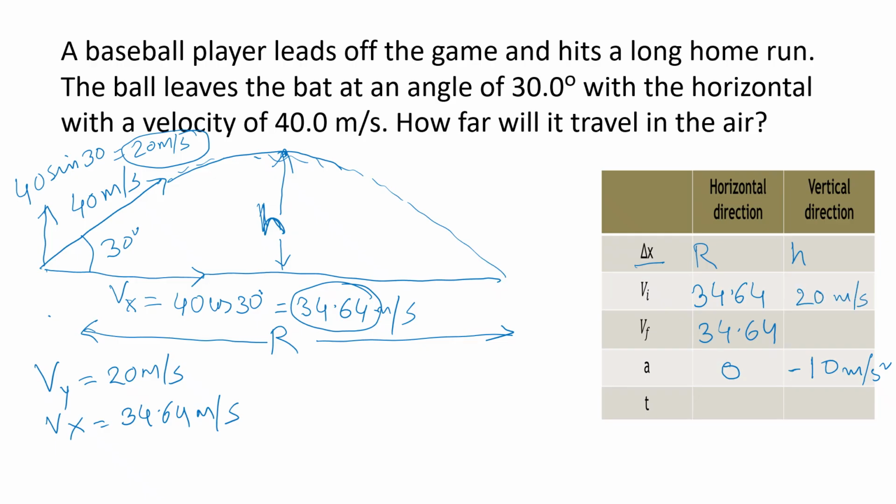But when it reaches the maximum height, what happens? When you are launching something, when it reaches the maximum height, what happens to the object? You may have noticed that the velocity becomes zero momentarily. And why is it so? Because as it is going up, it's slowing down.